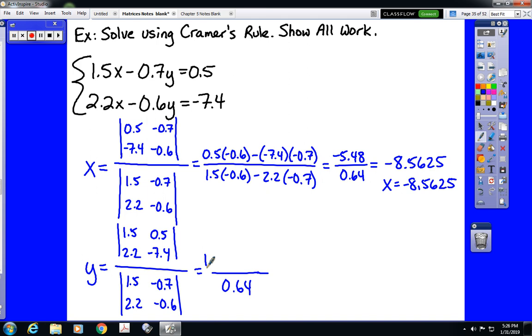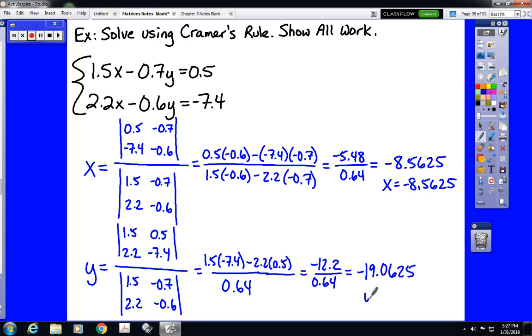So we're going to do 1.5 times negative 7.4 minus 2.2 times 0.5. And we're going to figure out what that value is by plugging it into the calculator. That is negative 12.2 divided by 0.64, which is negative 19.0625.